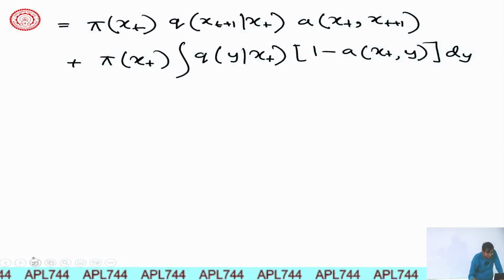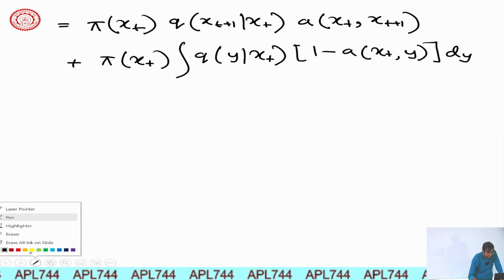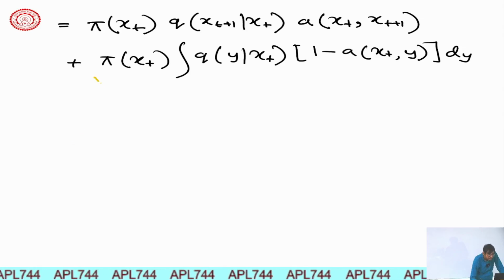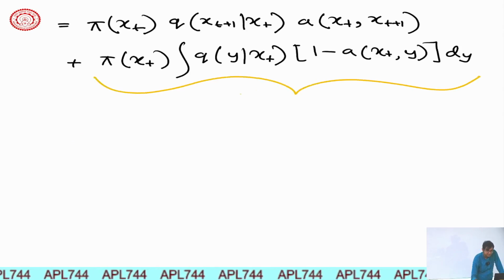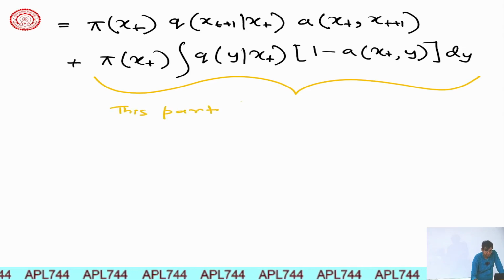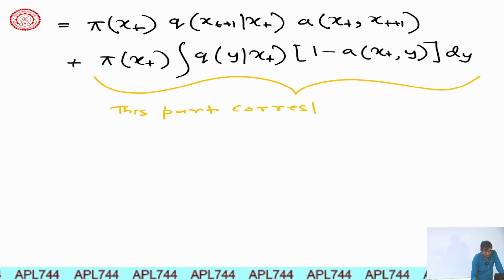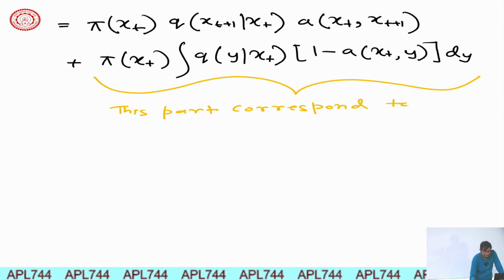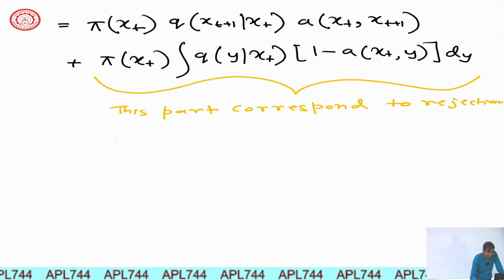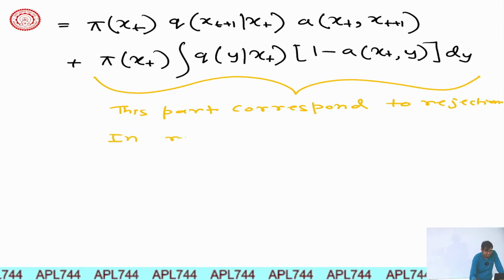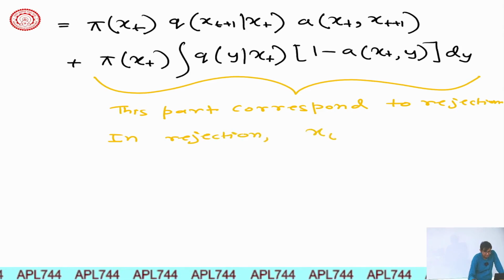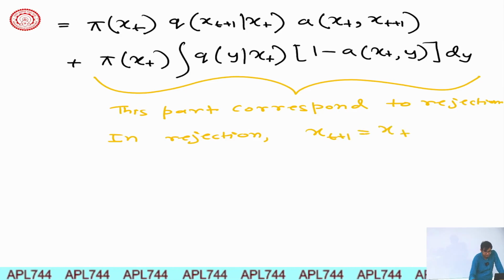So let me do it once more. Look at this part, right? This part corresponds to rejection, and in rejection we have xt plus 1 is equal to xt.